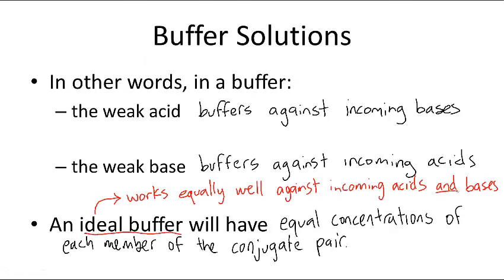So my question is, if you have equal concentrations of each member of the conjugate pair, so equal concentrations of the acid and the conjugate base, have we seen that situation before? If you look back at the notes from last Thursday, have we encountered the situation where we have equal concentrations of acid and conjugate base in a solution?